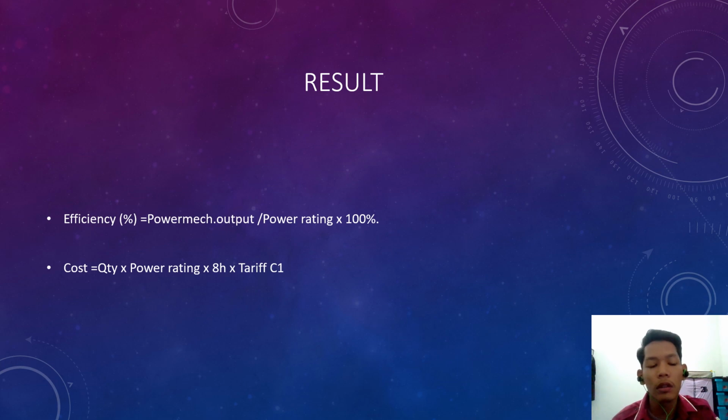The total cost is the quantity multiplied by the power rating, multiplied by 8 hours, and multiplied by tariff C. Based on the calculation in the report, the average efficiency of the 12 pumps in the plant is 61.88% and the total cost for 13 pumps at the biodiesel plant is RM 134.62.